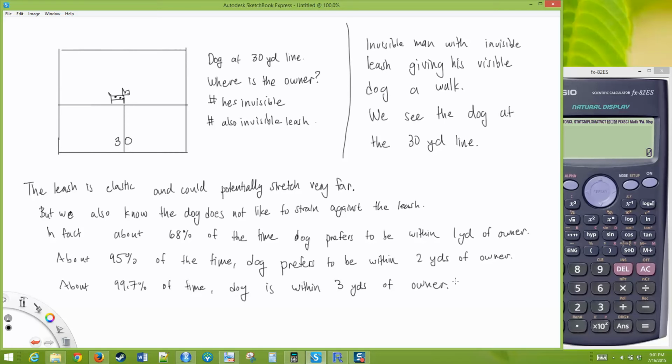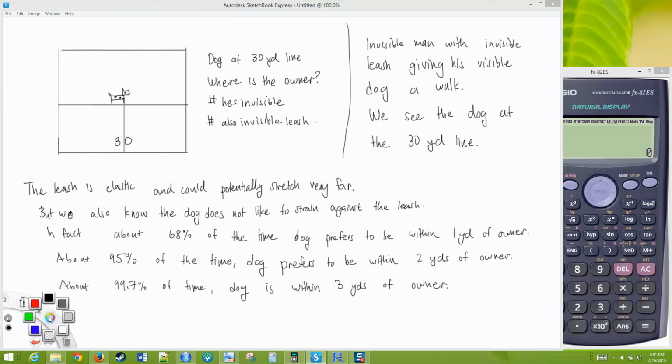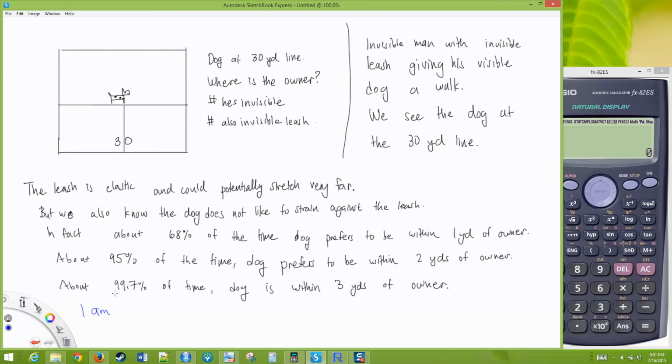But we can say something like, I am 95% confident that the owner is located where? Between where and where? 28, 32. Yeah, between 28 and 32. Between the 28 and 32 yard lines on the field, okay?